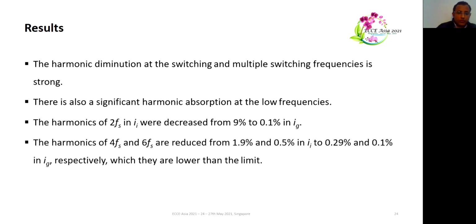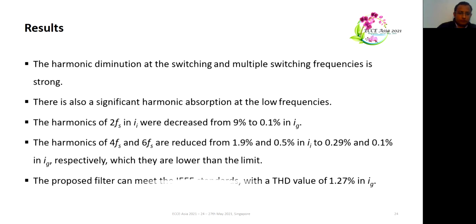The harmonics of the fourth and sixth harmonic switching are reduced from 1.9 and 0.5% to 0.29 and 0.1% in the grid side current, which they are lower than the limit. The proposed filter can meet the IEEE standards with a total harmonic distortion value of 1.27% in the grid side current.